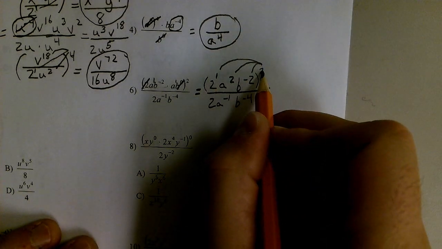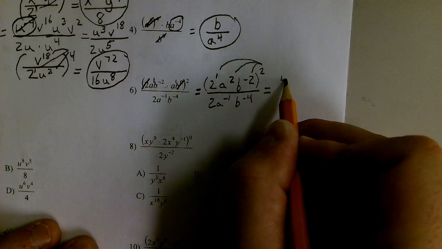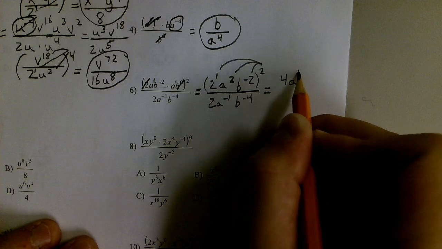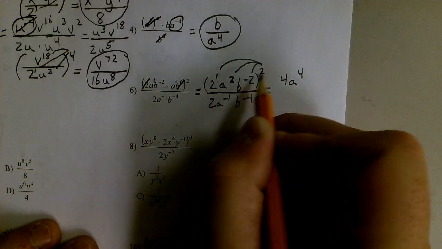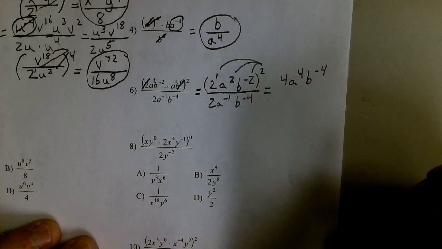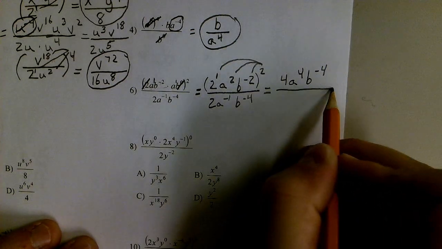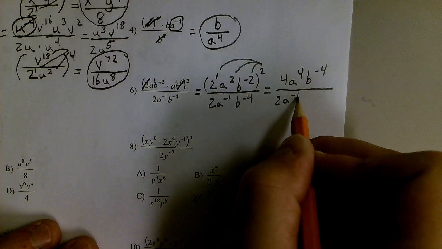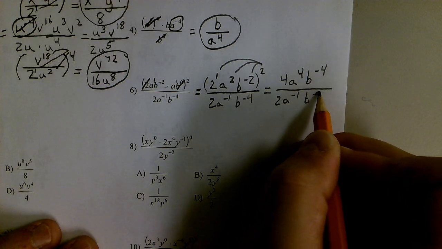So 2 to the 2nd power is 4. A to the 2nd times 2 is a to the 4th. And then b to the negative 2 times 2 is b to the negative 4th. Okay? So that takes care of that. Then I've got 2a to the negative 1, b to the negative 4th.